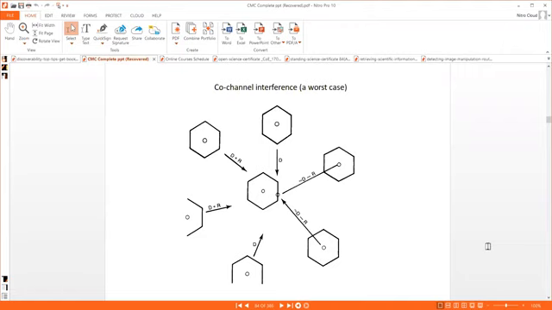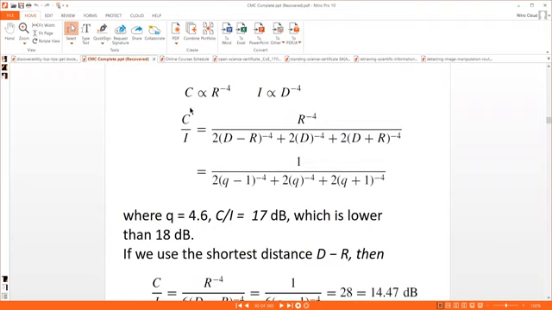When we take these things into the formula, we know how this carrier is proportional to radius and how this interference is proportional to distance from our previous formula. This C is directly proportional to radius, I is directly proportional to D to the power of minus 4.